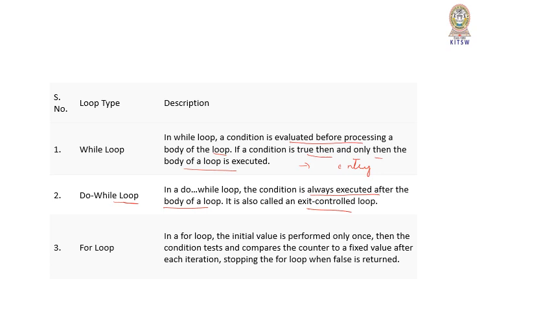And in for loop, an initial value for a variable is given, then the condition is tested, and if the condition is true, then the statements within the loop will be executed, and after that the variable will be incremented. This is also a part of entry control loop, where the condition is checked before executing the statements of the for loop.